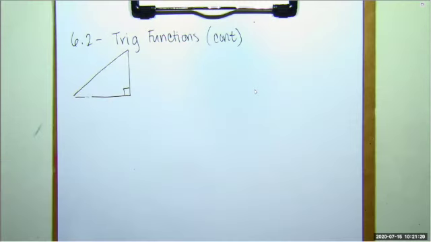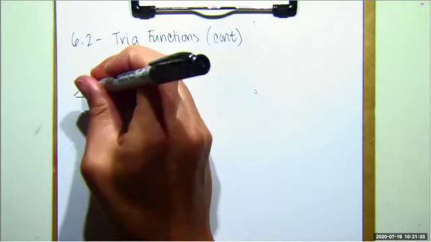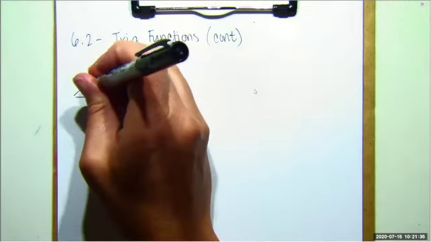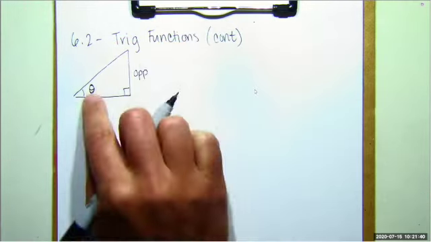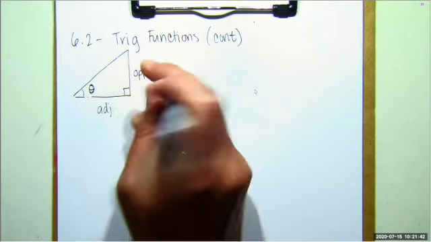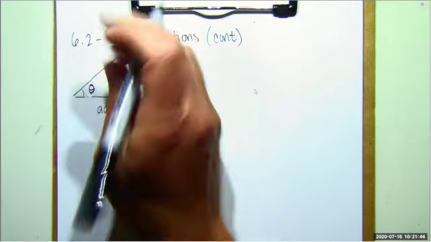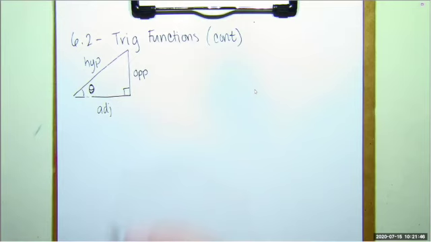In chapters 7 and 8, we'll do some non-right triangle trigonometry. We had an angle of reference. The side across from the angle of reference is called the opposite. The side next to it is called the adjacent. And the side across from the 90 degrees is always called the hypotenuse.